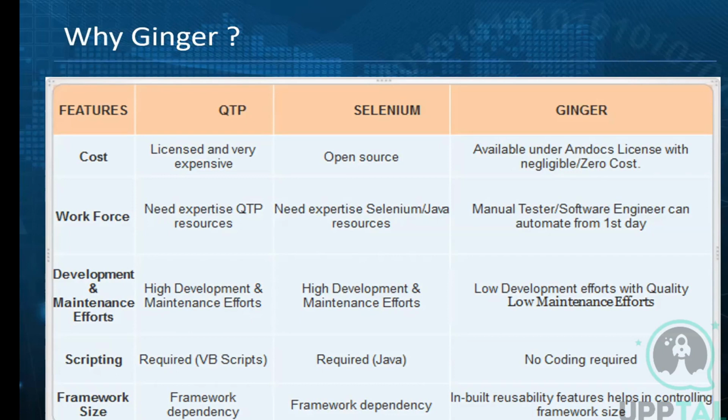So definitely not a plus if you are talking in terms of good ROI. Remember, we have discussed in the previous slide that ROI should be high. So how will ROI be high if you have a licensed tool? You should have an open source tool. So Selenium is open source, perfect. Ginger is also an open source tool.